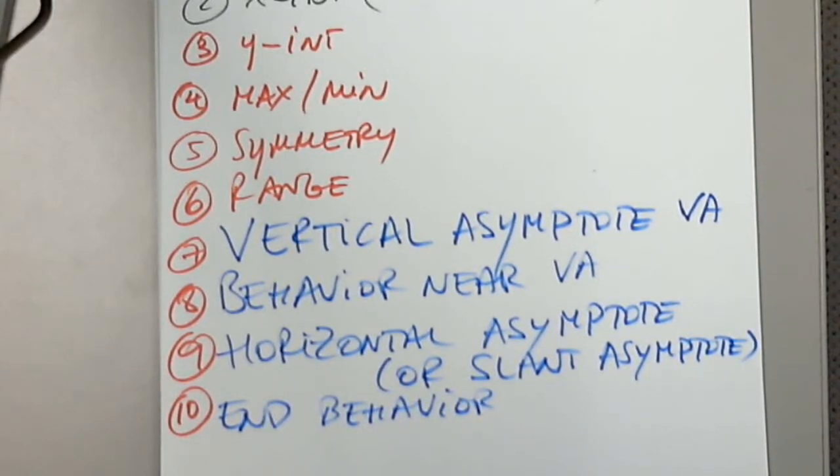And you could say, wait a minute, we've done end behavior before. This is not new. True, we have for polynomials and for linear functions as well, which is also a polynomial, special case. But this is a little bit different.